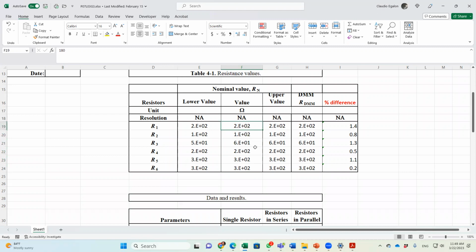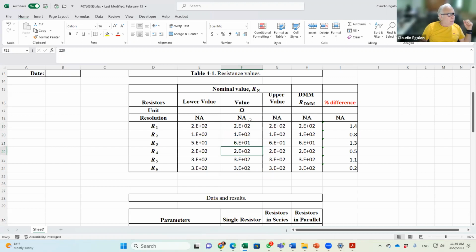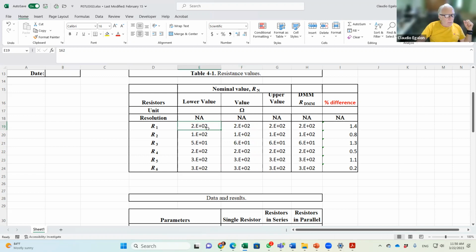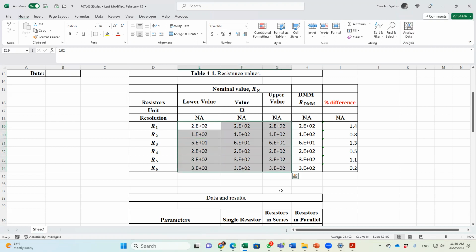I had looked over at the lower value column and picked out the first number, but those under the nominal value would be 2 significant figures, or just the center? All of them should be 2 significant digits because they all have only 2 color bands, right? Okay, so the lower and upper values too. Yes, all of them are supposed to have 2 significant digits.